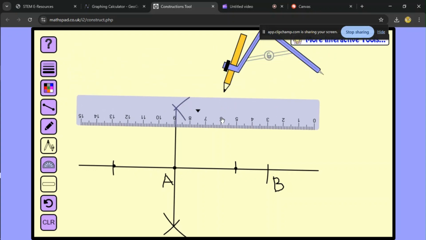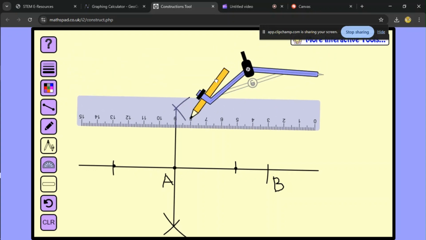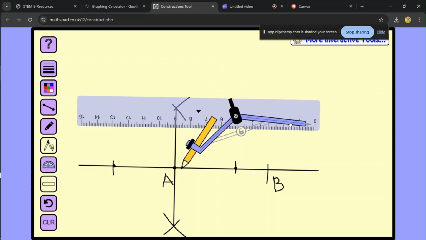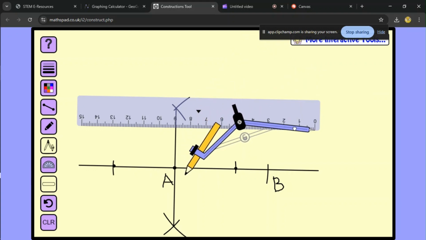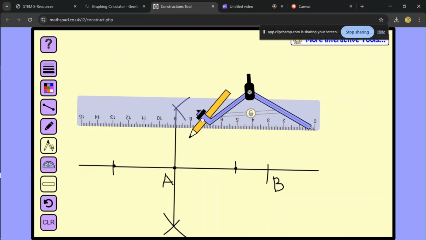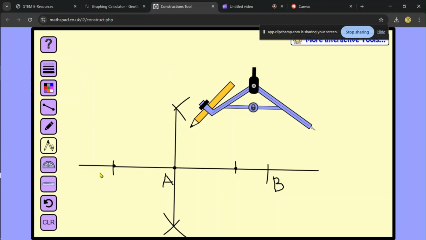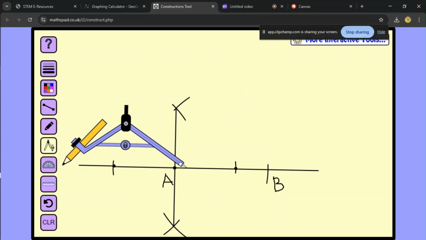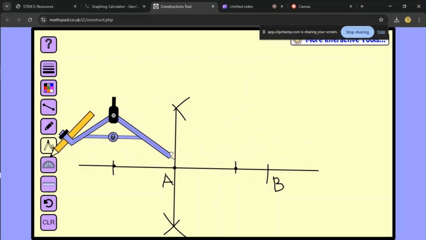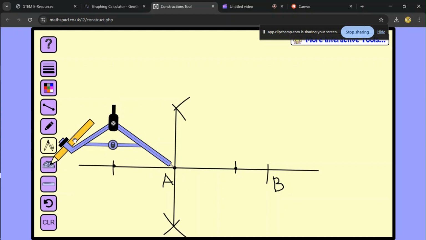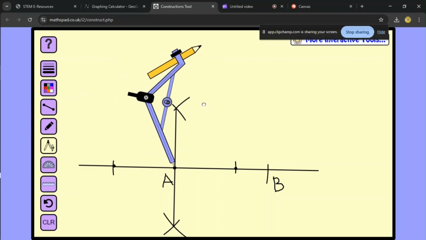Let me put my ruler down so that we can measure 8. At least 8 is somewhere there. Then I lock there. Remove the ruler now, and from this A, I need to have 8 centimeters. Let me put a mark there.